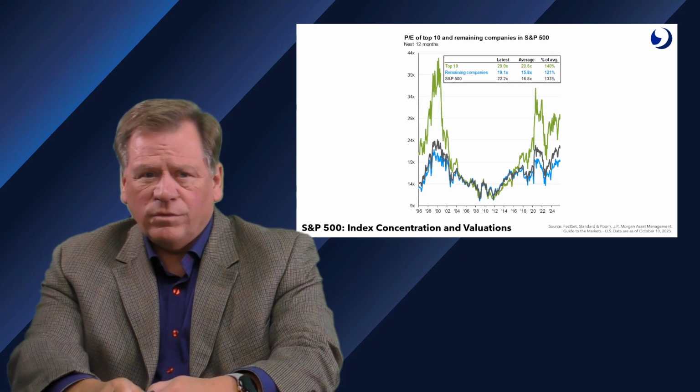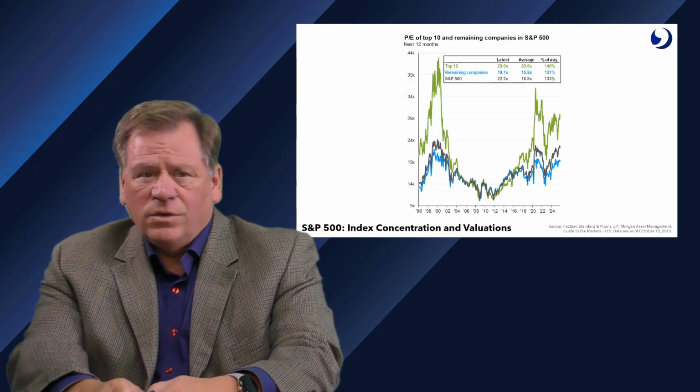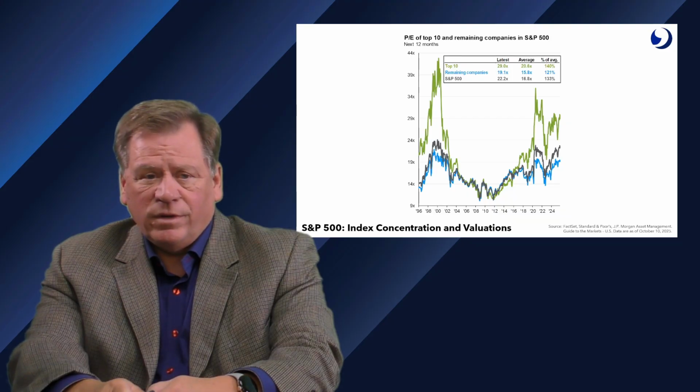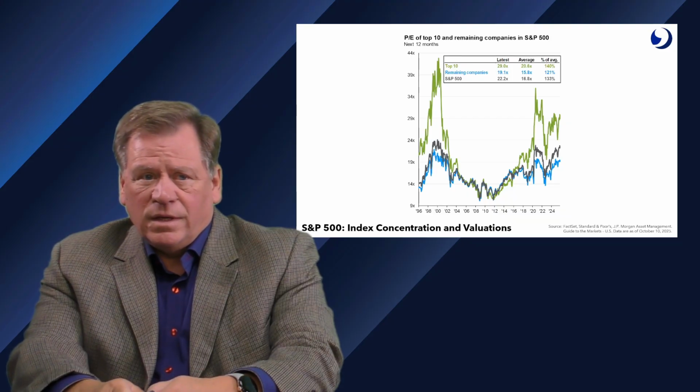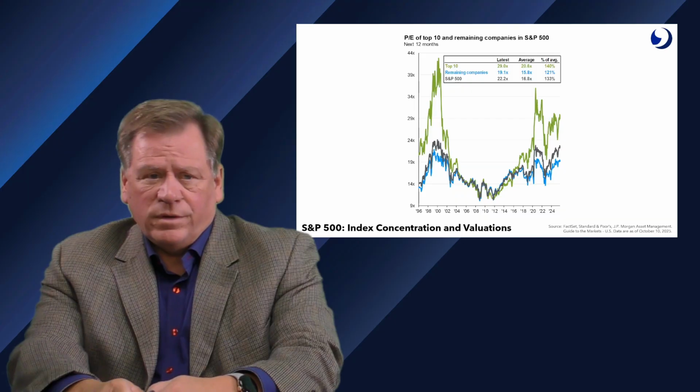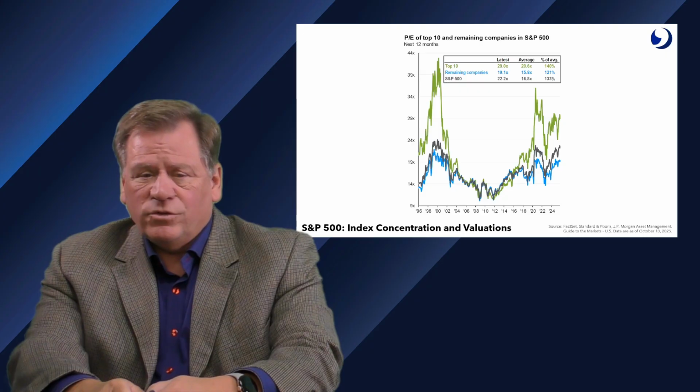We're at 140% of average, which means we're way above average. Not quite where it was during the dot-com bubble, but we're definitely well above the averages. And even the remaining 490 stocks are above average. So right now, your history is against you. It looks like we should be coming back down.